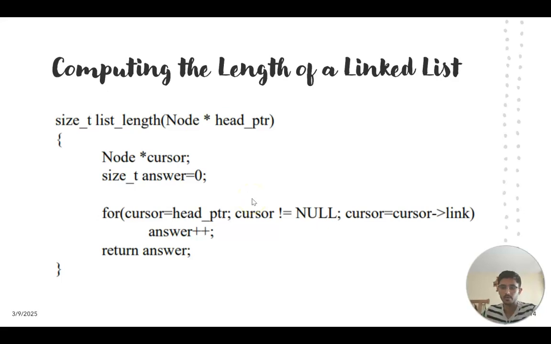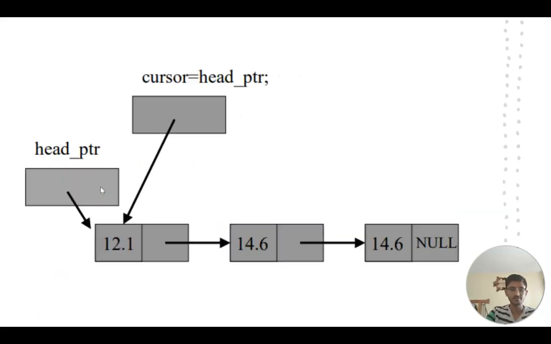So for cursor equals head pointer, and cursor is not equal to null, cursor equals cursor arrow link, so it's going to point to the link. It keeps going on to the next node until there's a null value, and then finally it returns the answer. Here we kept it as an unsigned int because we know it has to be positive.